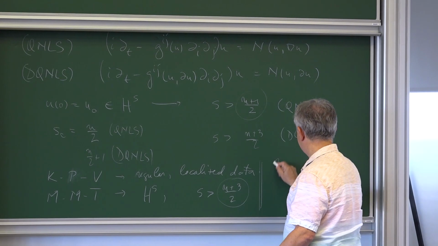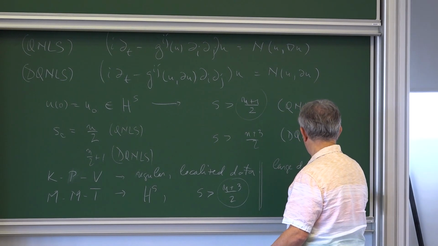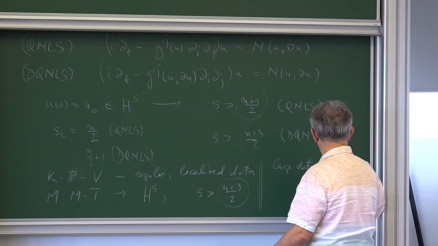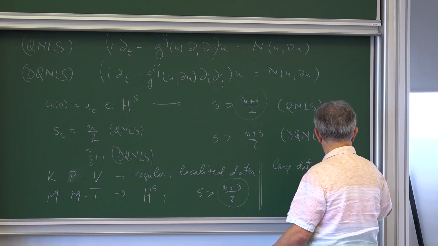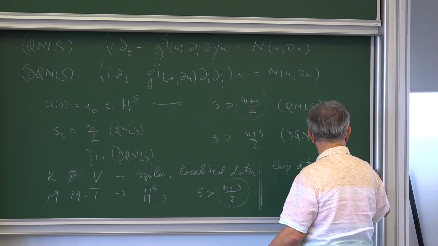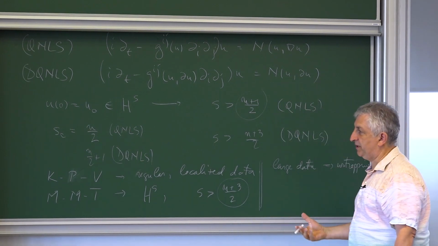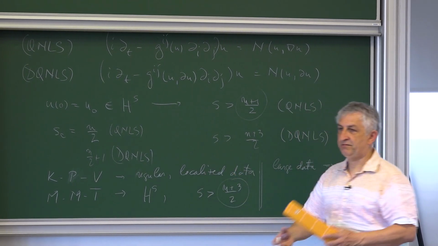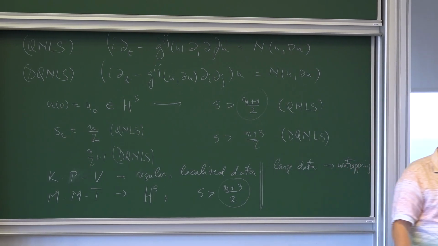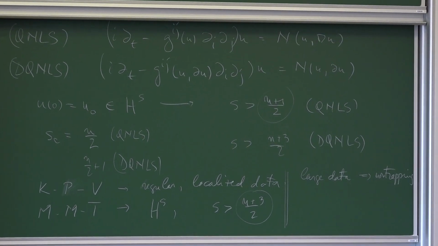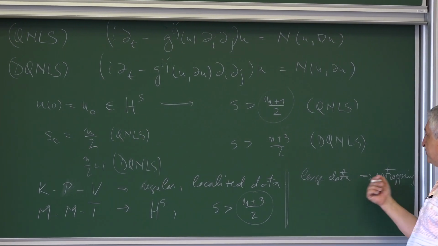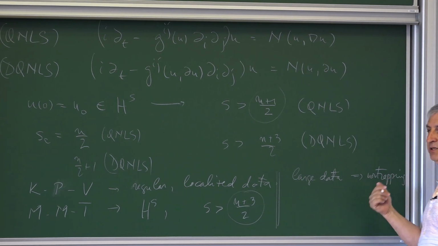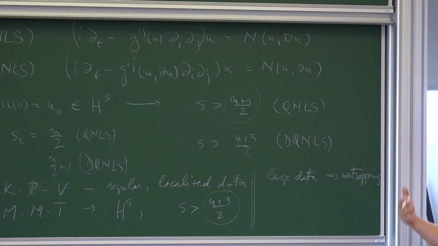So large data requires non-trapping. And non-trapping is very easy to explain. You look at geodesics for the g metric, and you ask that every geodesic comes from infinity and goes to infinity. If you have small data, non-trapping is automatically satisfied. If you have large data, you need to put this as an assumption for a large data result.